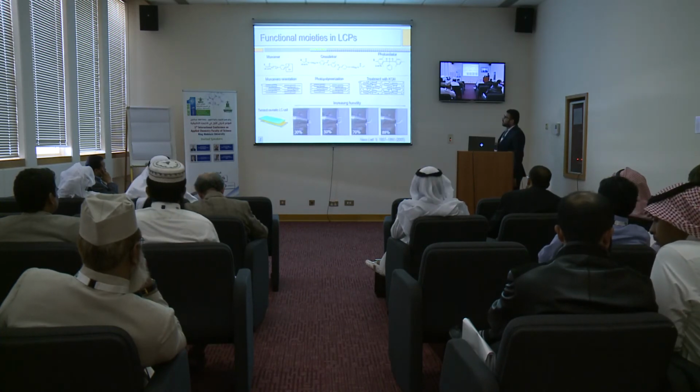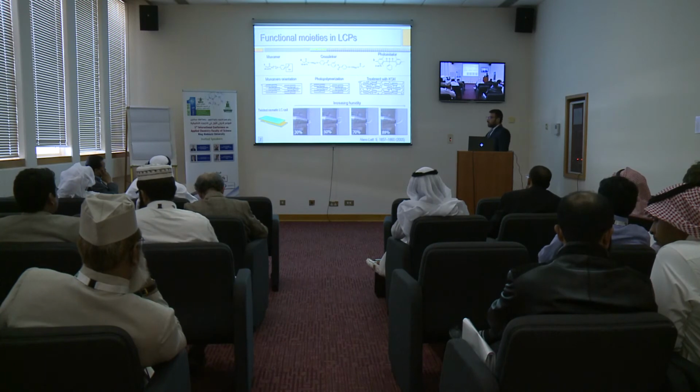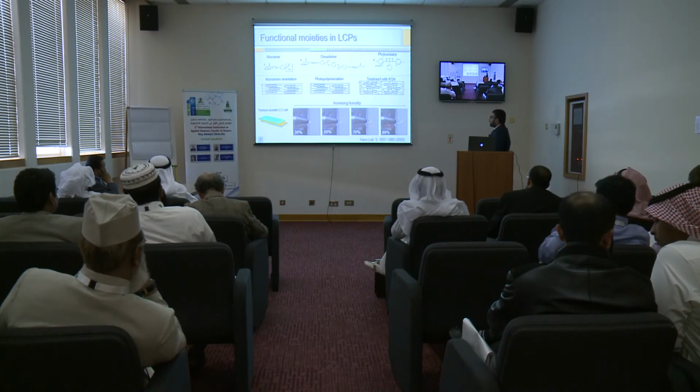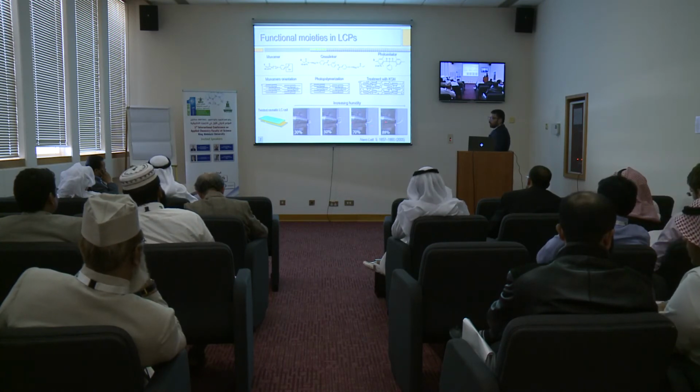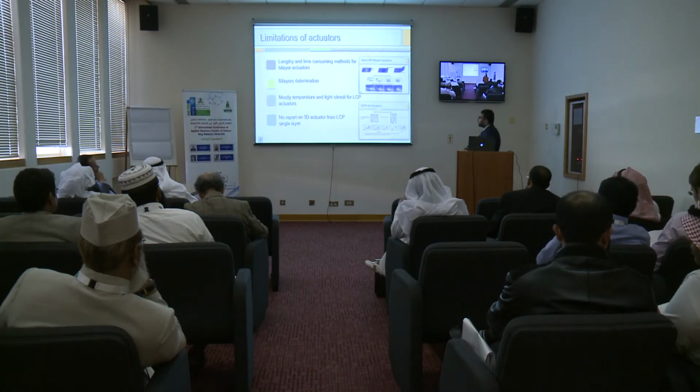Sometimes functional moieties are introduced in the liquid crystal polymer films, and they can be used for different purposes. For example, upon exposing to different levels of humidity, it shows humidity dependent curvature in the film.